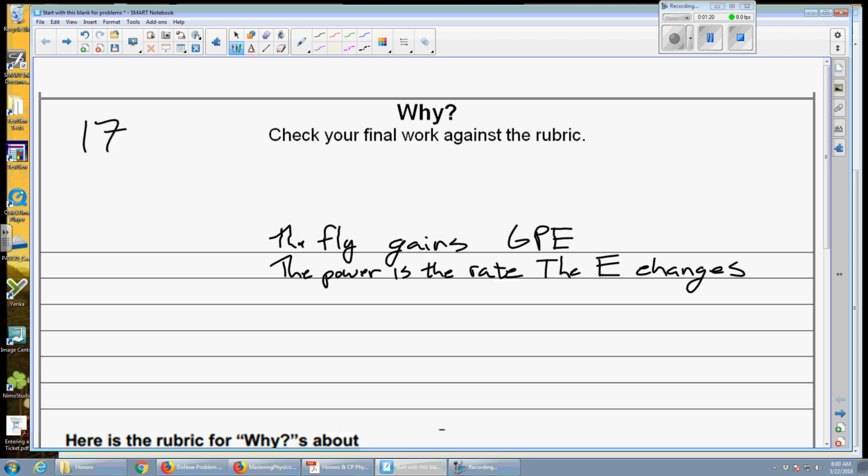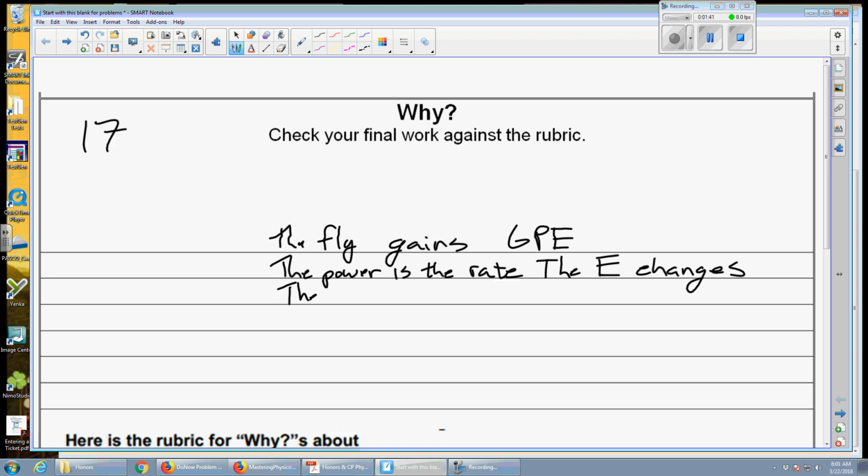And actually, I'm going to use the fact that, to gain gravitational potential energy, what force does the fly have to do work against? Gravity, right? Otherwise known as the fly's weight, right?